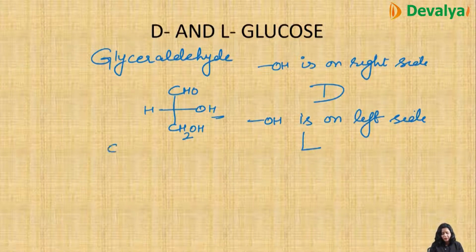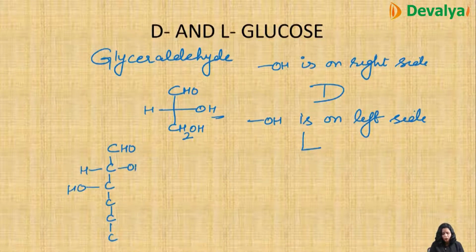In glucose we have 6 carbons, 1, 2, 3, 4, 5 and 6. On the third carbon OH is here, H, OH, then H, OH, and this is your CH2OH.